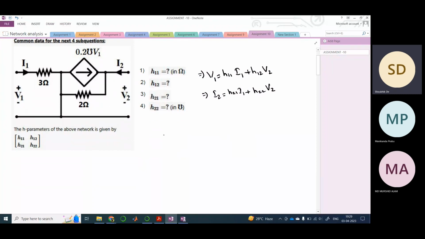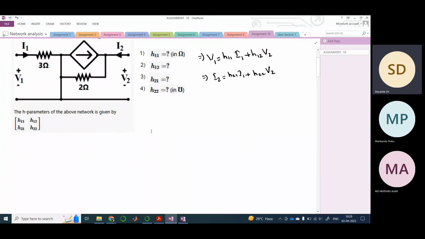So if we redraw the circuit here, so this is the resistance and this is the dependent voltage source, right? And its polarity should be plus here and minus, because the current source is moving from left to right, right?